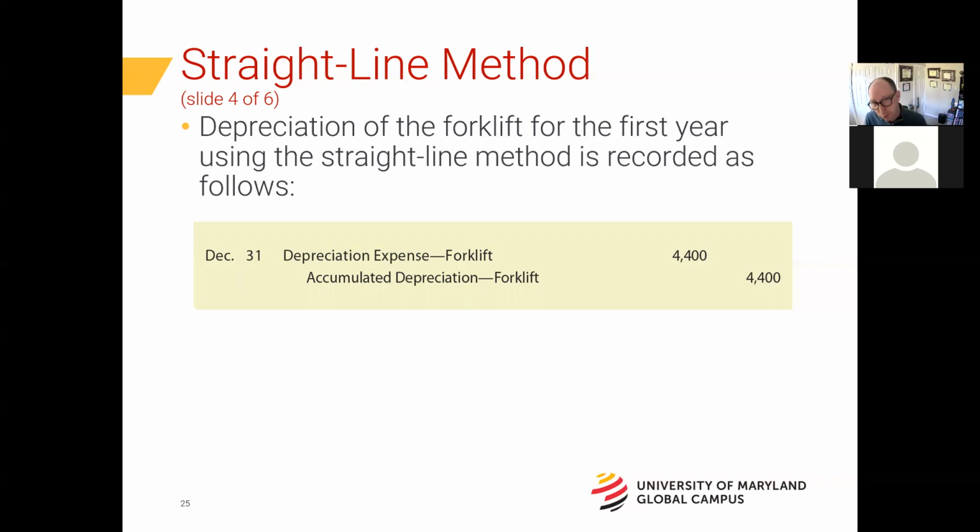I debit depreciation expense, 4,400, and I credit accumulated depreciation, 4,400. Now, I want you to understand something. Depreciation expense, that's an expense. That's on the income statement as an expense.